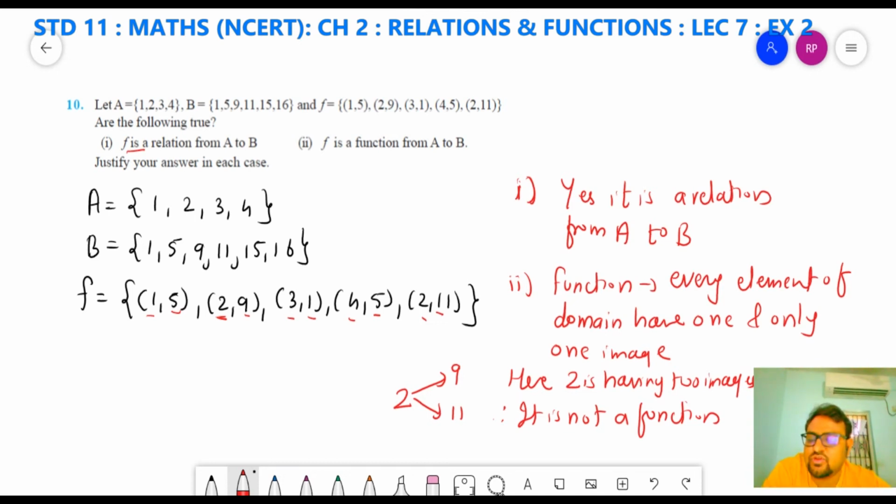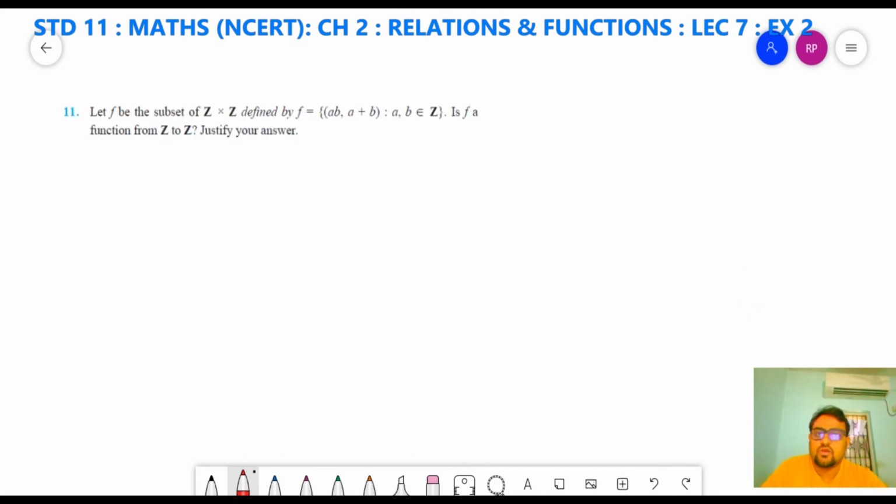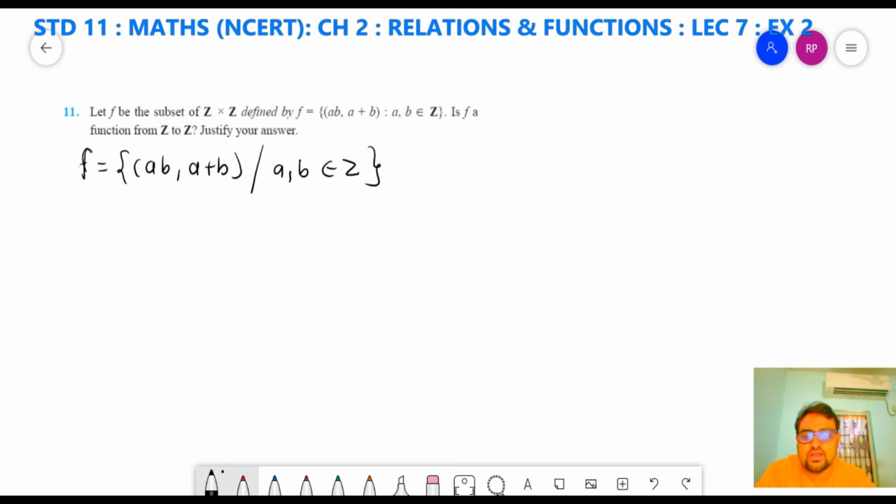Okay, now let's move to the next question, that is question number 11. Question number 11. Let f be the subset of Z cross Z, means Z equal to integers, defined by f. Here it is given f equal to {(ab, a + b)}, and a, b both belong to Z. Clear?